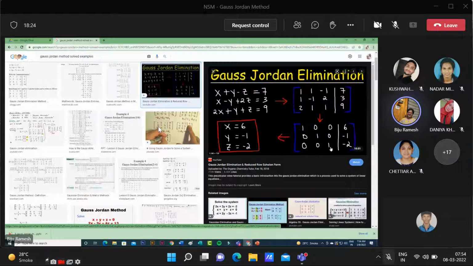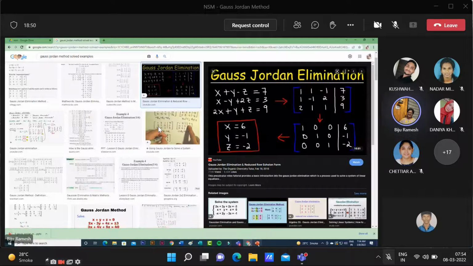That is not an issue because you are equating it to whatever is in the RHS. You divide the two values and get the value of x, y, and z, or x1, x2, x3.